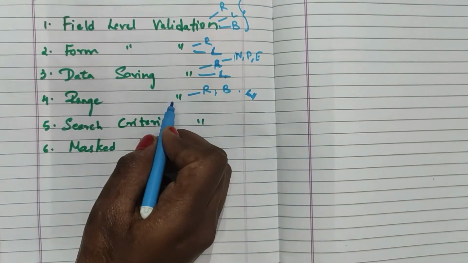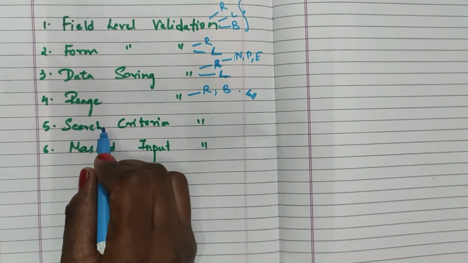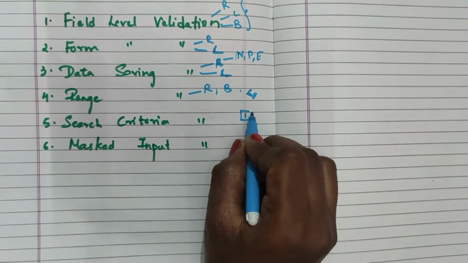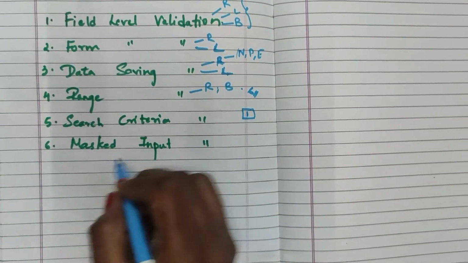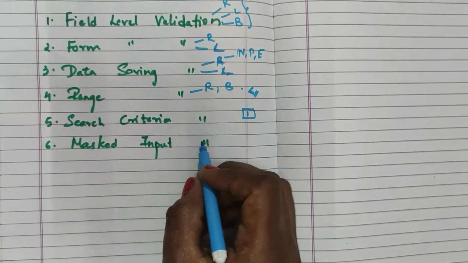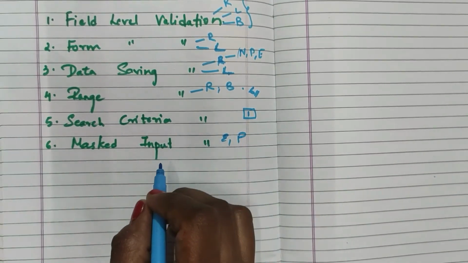Now moving on to search criteria. If I search for a record, for example ID1, it should show all the details of ID1. That is search criteria. Now masked input validation. Input should be inserted properly, like the email and password in your registration form.